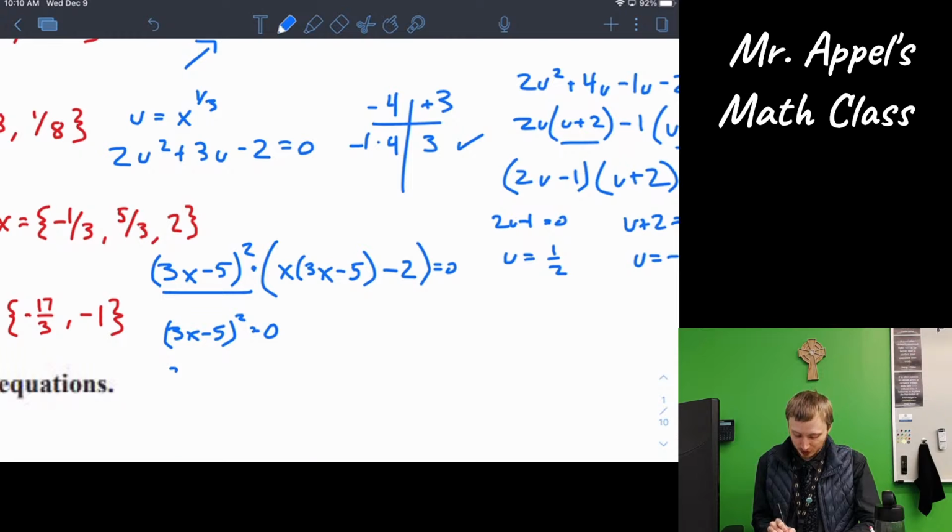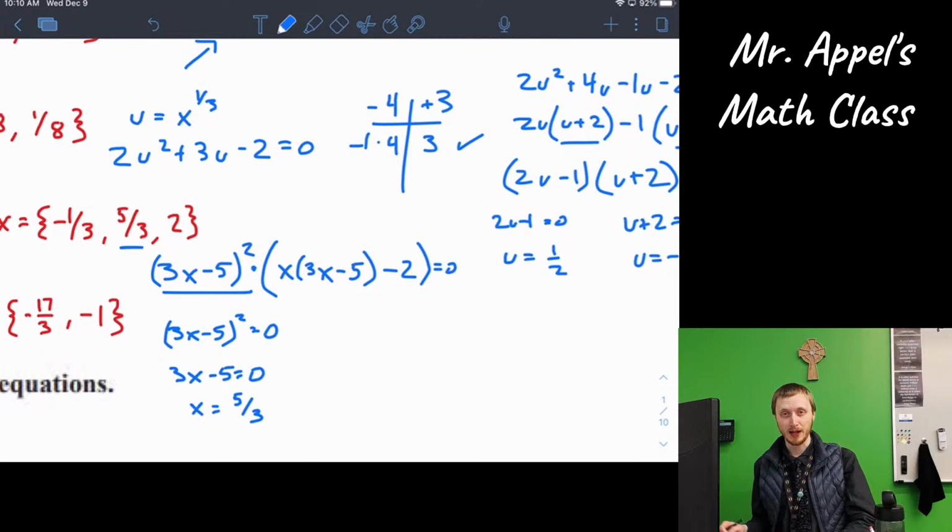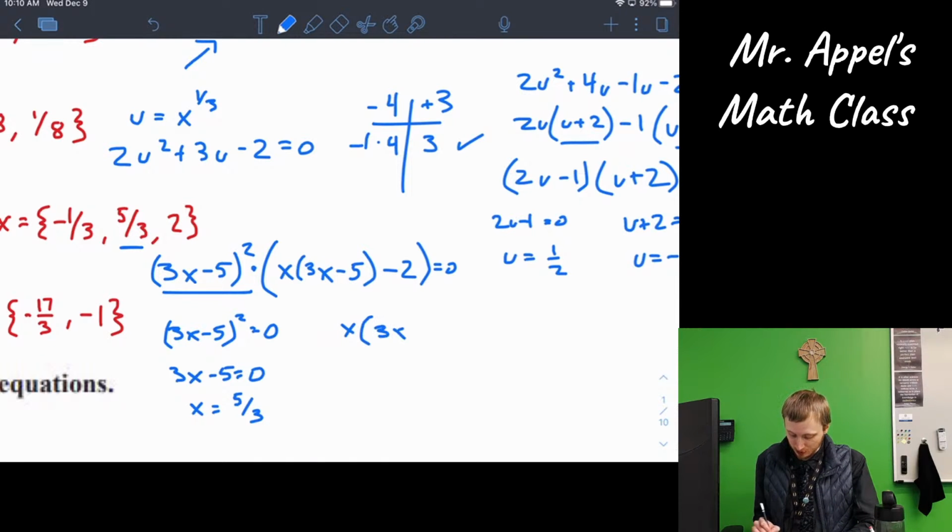So square root both sides. Hey, square root of 0 is 0. How about that? That's handy. Add 5, divide by 3, x is 5/3. So there's that answer. Okay? And then over here we've got x times 3x minus 5, minus 2 equals 0.